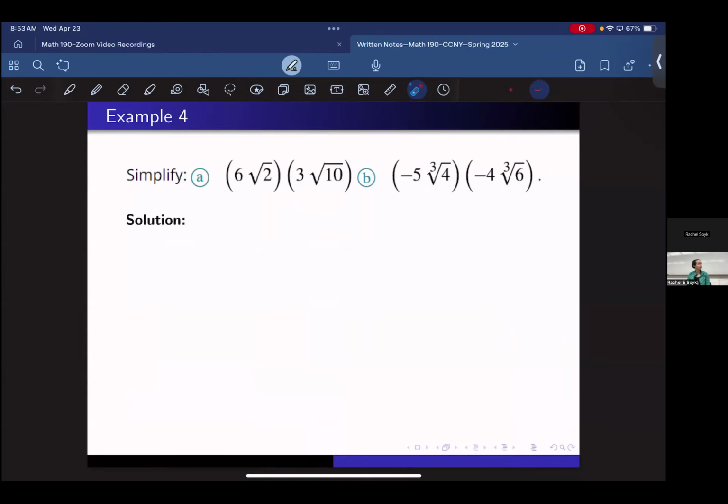Okay, so example 4. Let's look at these two concrete examples. Our part A, we have 6 square root of 2 times 3 square root of 10. So the easiest thing I would say to do is multiply the coefficients, get that product, and then multiply the roots, and then simplify the root if you can.